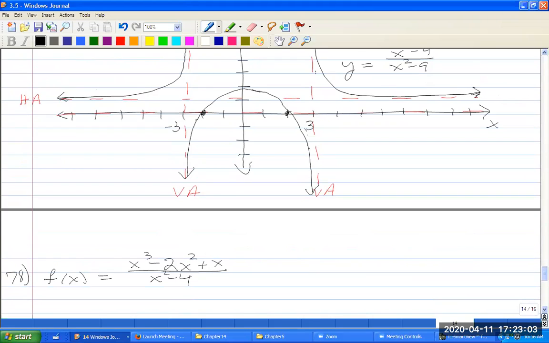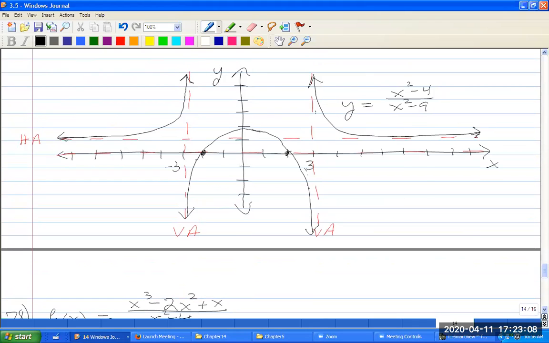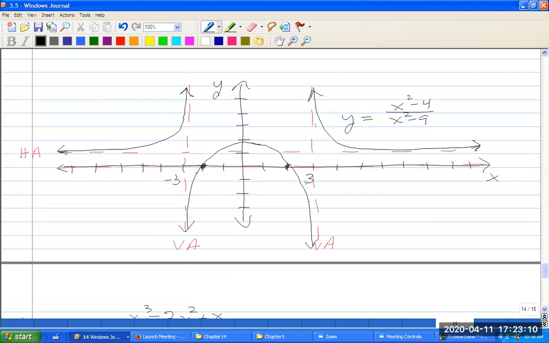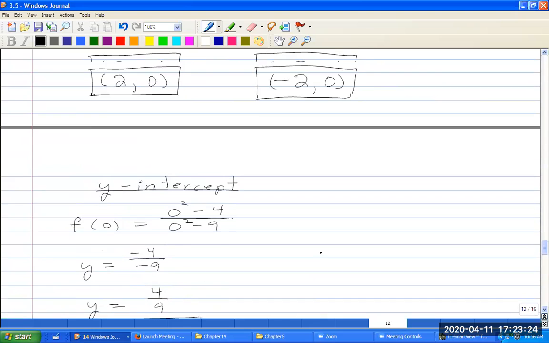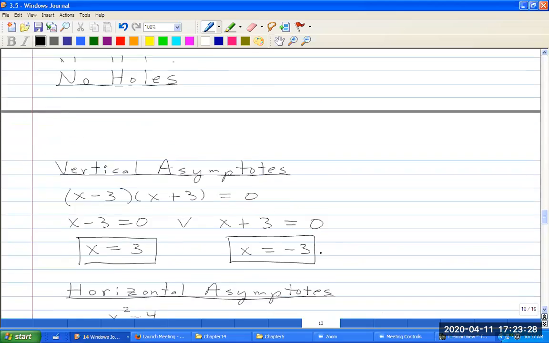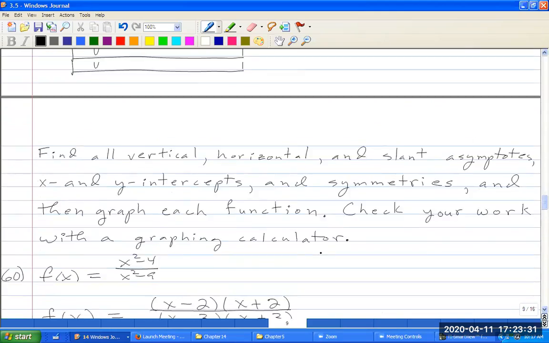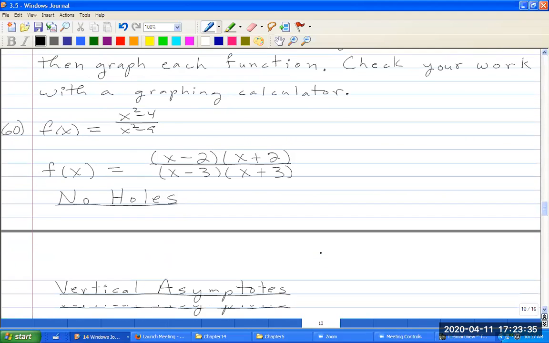So we have vertical asymptotes at plus or minus 3. I thought there were 2, yeah, they were plus or minus 3. So we do not have any holes.